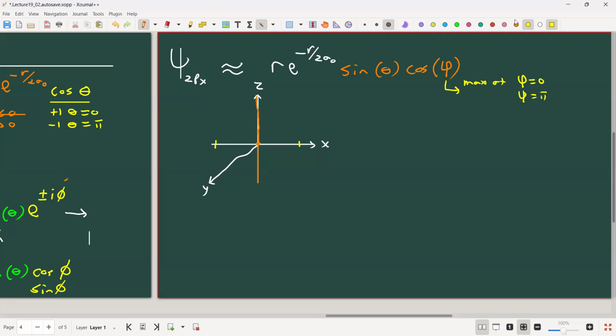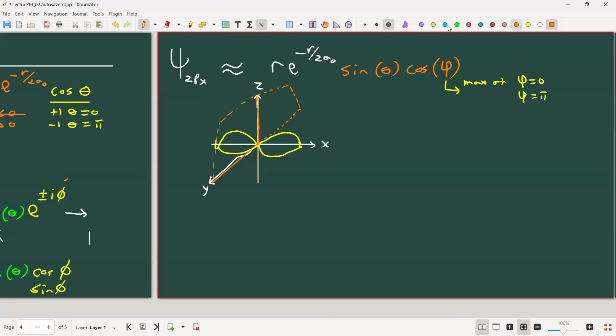The function is also 0 along the y-axis, right? Because cosine of phi is cosine of pi over 2, and that's 0. So now we have a nodal plane that lies along the YZ plane. And this function exists only on the x-axis.